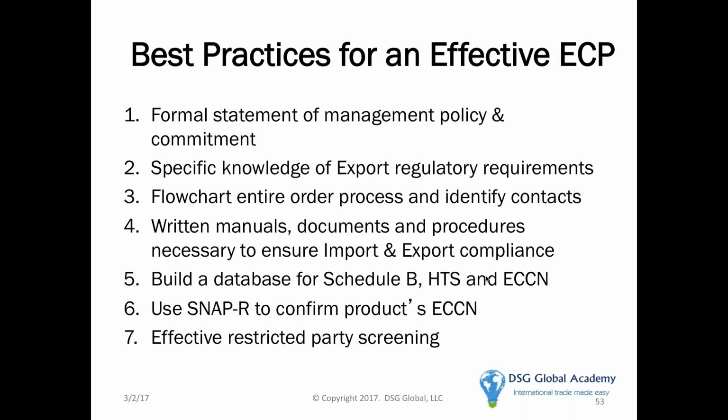Having effective restricted party screening is very important. If you just ship a couple of packages a day or a week, you can do it manually, checking the name of that individual or company against the Consolidated Screening List. But obviously, if you're shipping a lot more than that, you may need to consider third-party software.